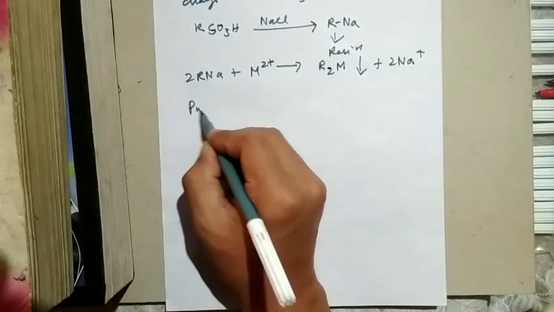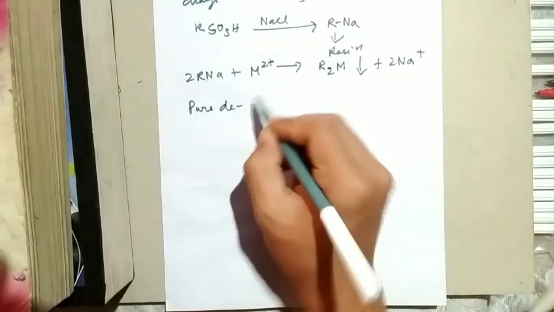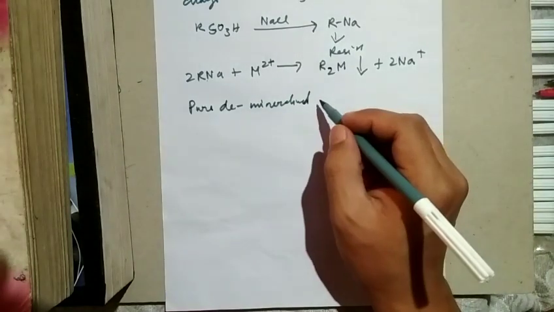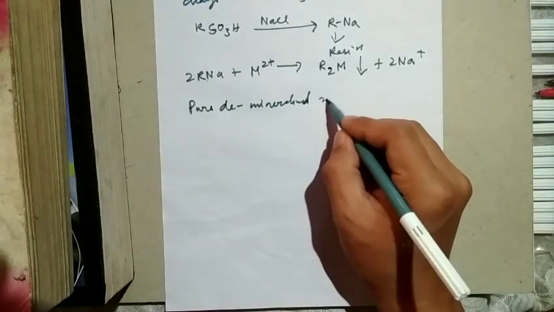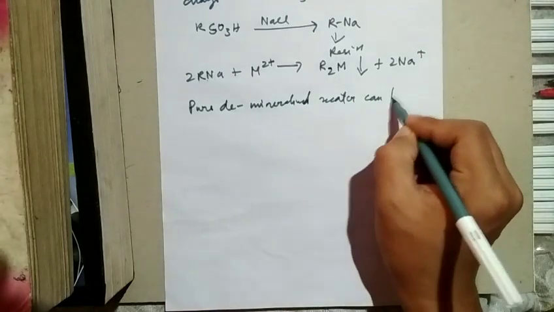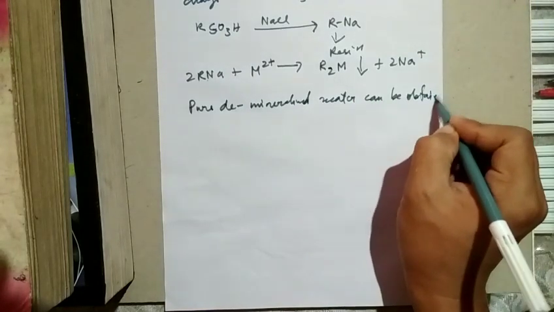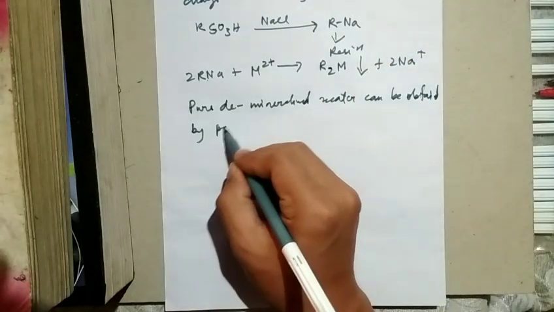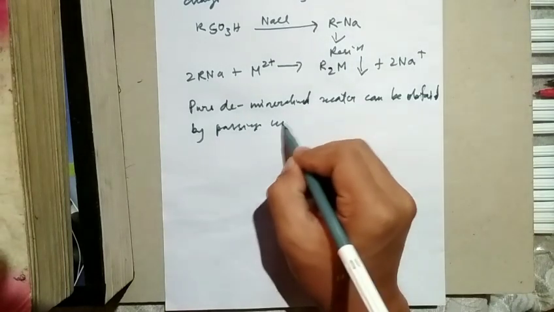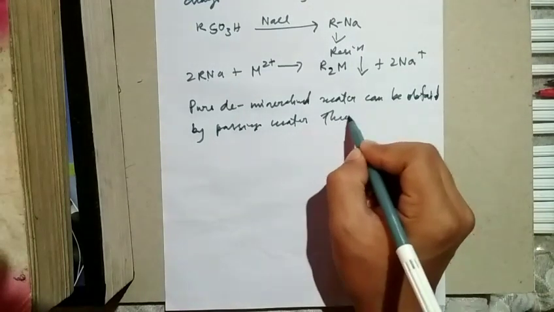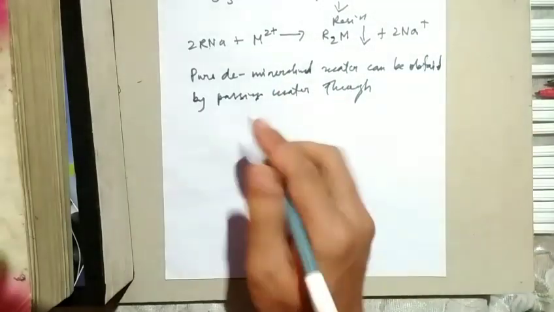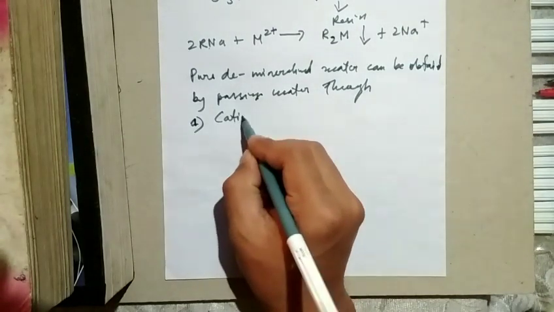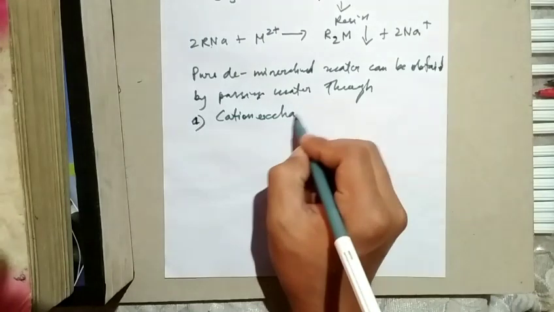Now pure demineralized water, that means free from ions. Water with no ions present can be obtained by passing water through a cation exchange resin in the H plus form and an anion exchange resin in the OH minus form. We'll come across those terms, so let's write it for easy understanding.